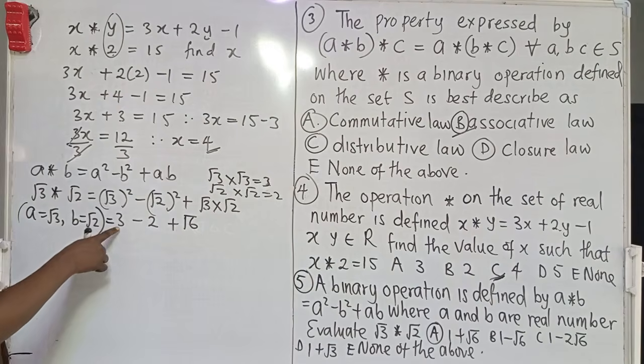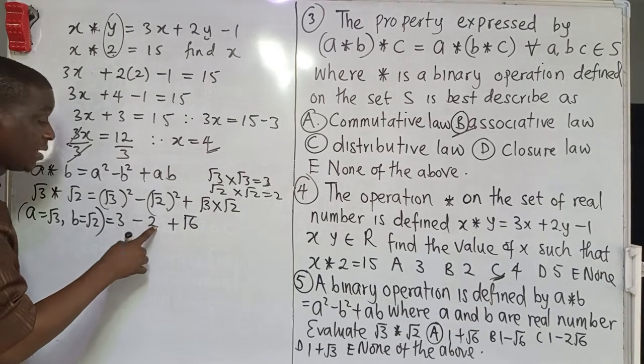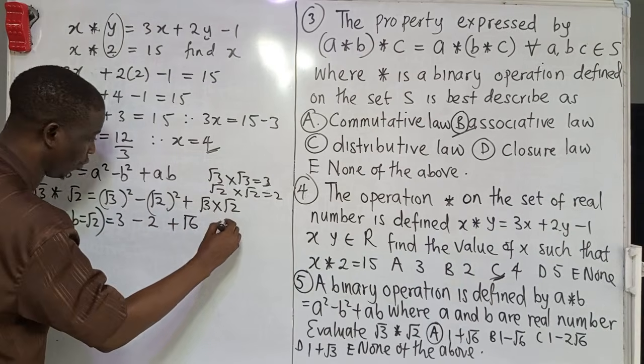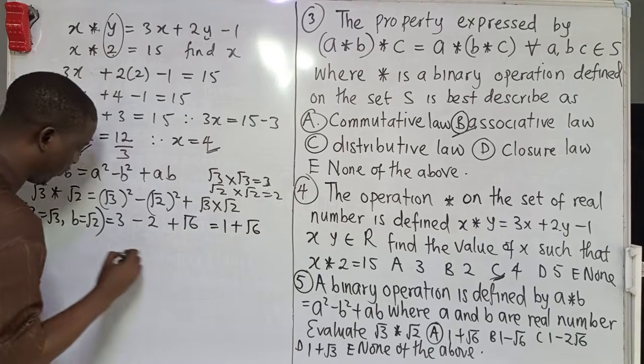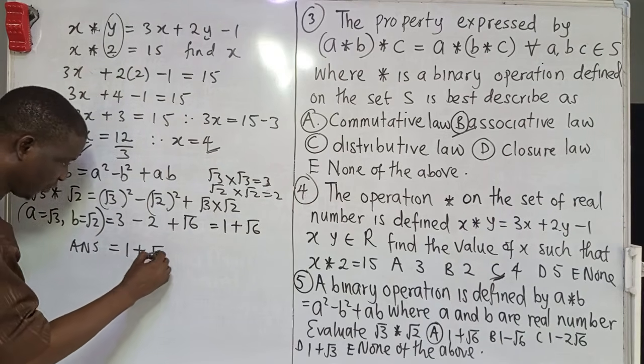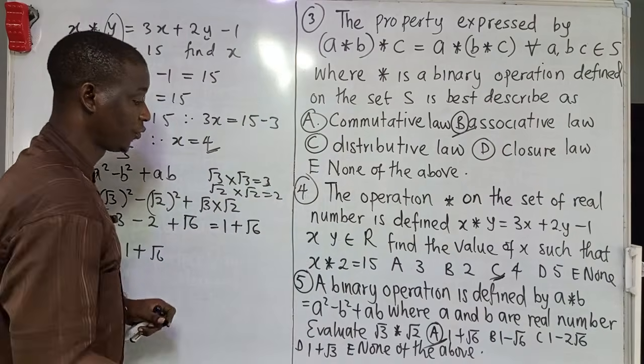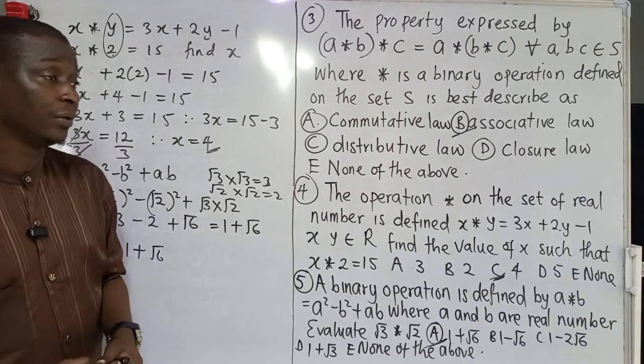So 3 minus 2 will give us 1 plus root 6. So our answer for that question will now be 1 plus root 6, and that is option A. So it's not none of the above, it's option A.